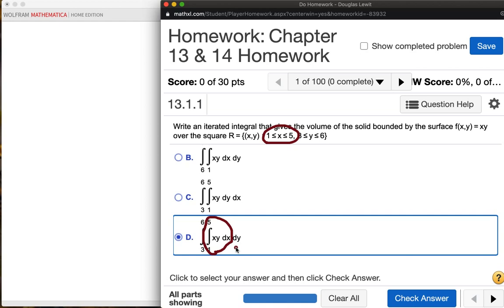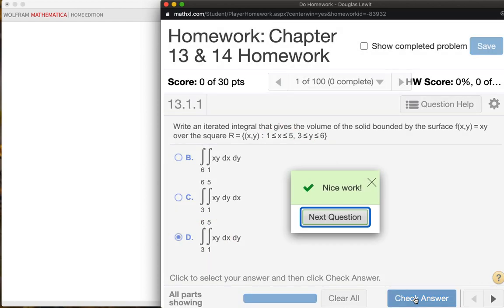And then when we're done with that integration, we have to integrate again with respect to y. Okay. And those limits are 3 to 6. 3 on the bottom, 6 on the top. Okay, so it should be D. Okay?